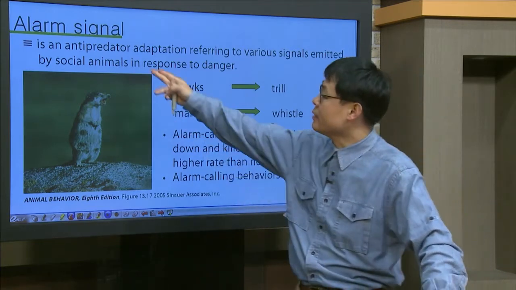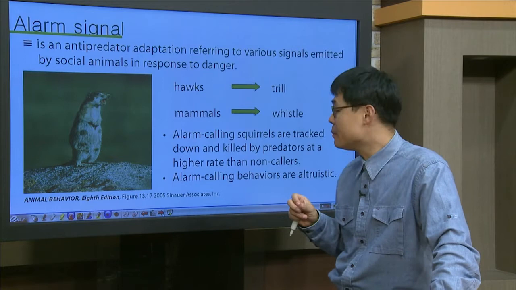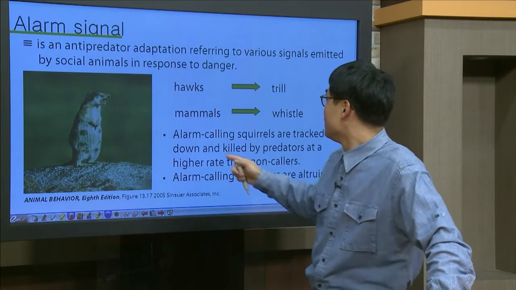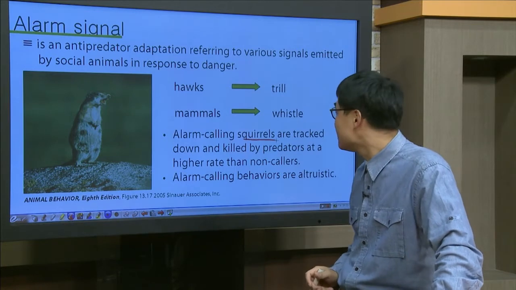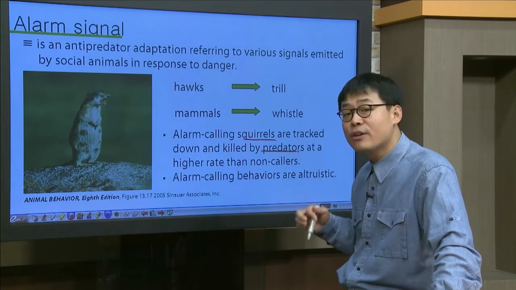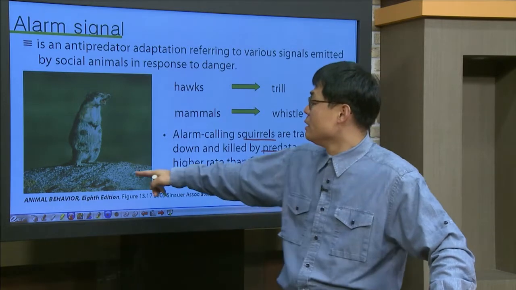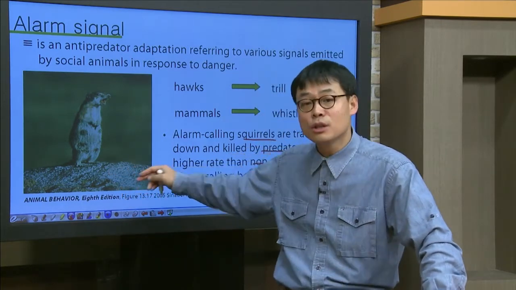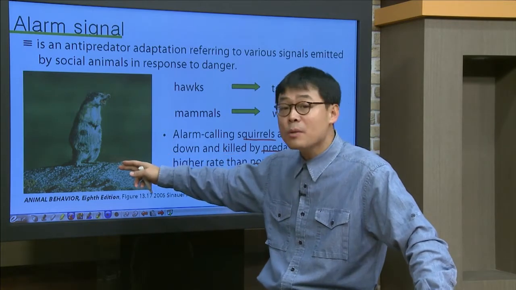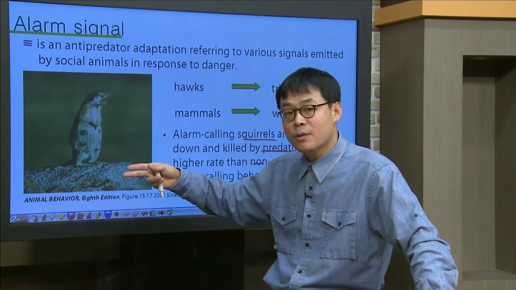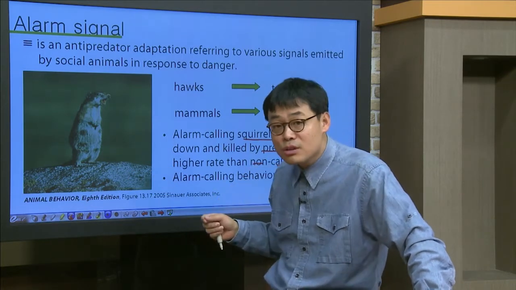This behavior, the alarm calling, is altruistic because the alarm calling squirrels are tracked down and killed by predators at a higher rate than the non-callers. It looks very conspicuous to the predators, and they do the alarm calling for quite a long time, so that the other individuals surrounding you take cover.